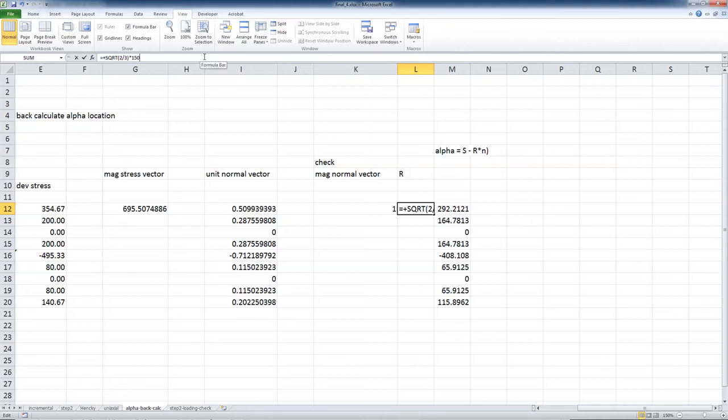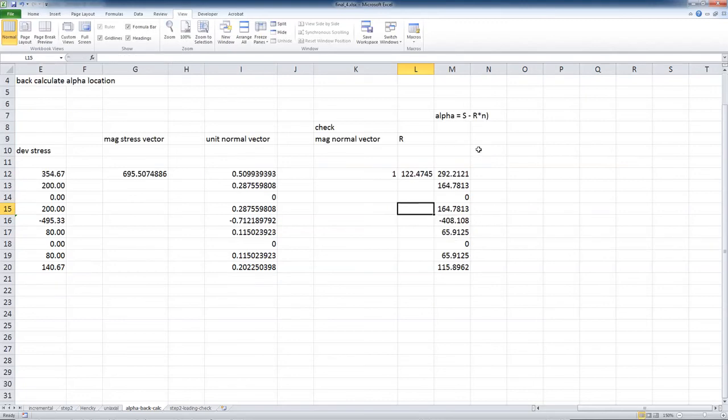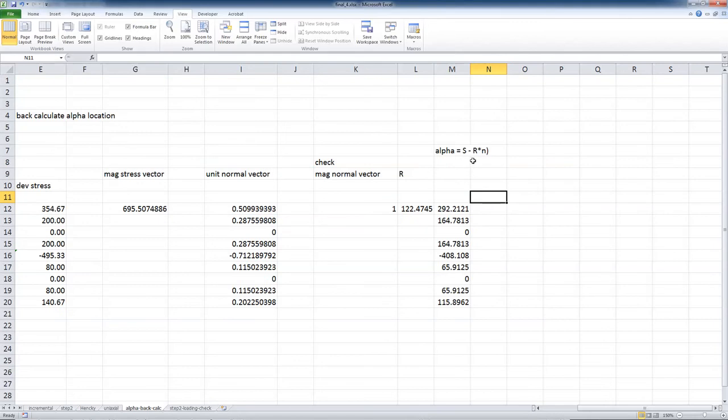Okay. Now here's my radius term, square root of 2/3 times 150. And so this expression right here is S minus R times that unit normal. Okay, just like we talked about. And so that's this term here.